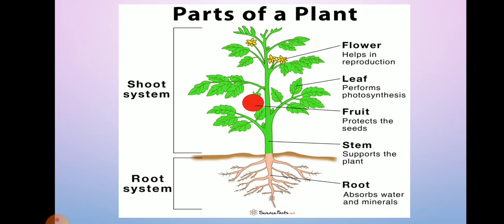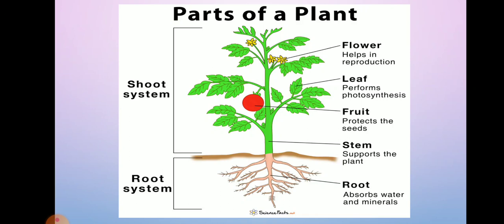The root system has roots, which do the function of absorption of water and minerals. The shoot system is divided into flower, leaf, fruit and stem. But the main part is the stem, which bears all the different parts. Stem is the part which bears fruit, leaf and flowers on it.